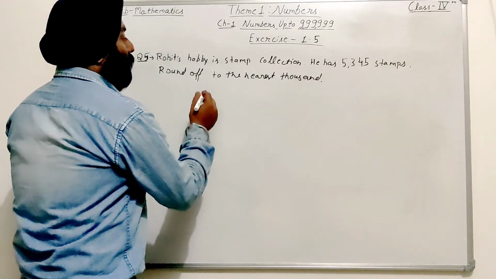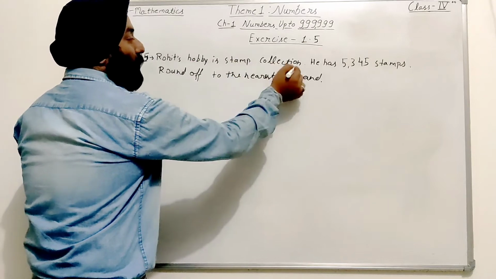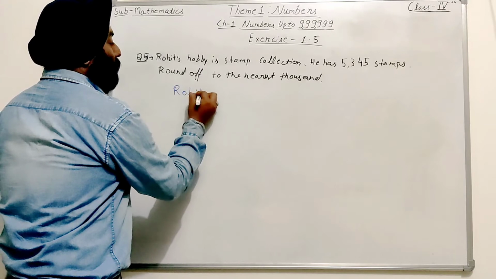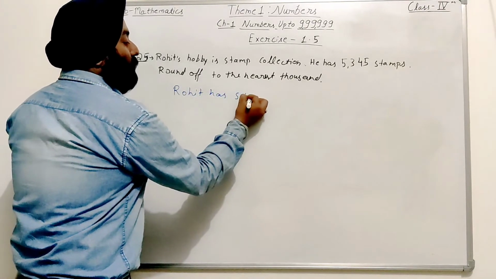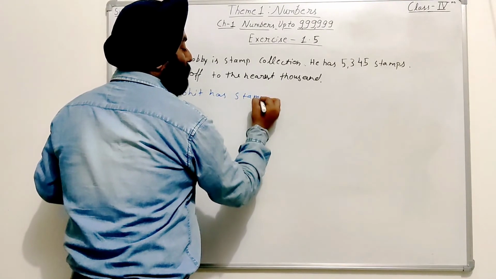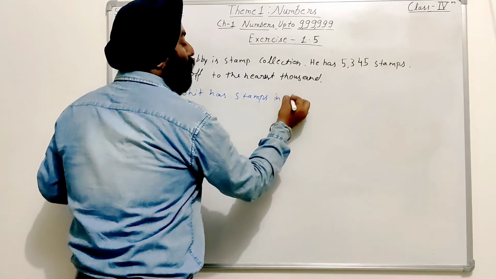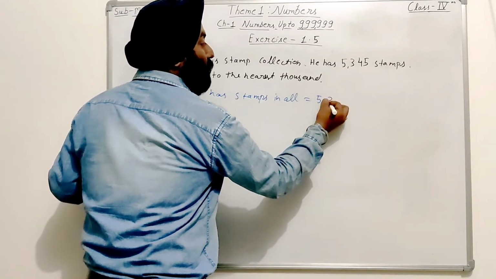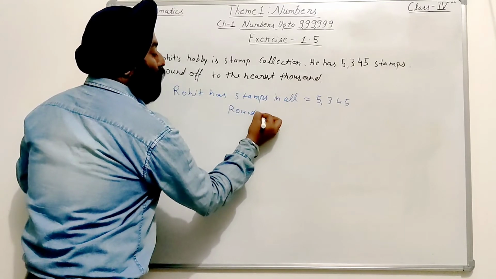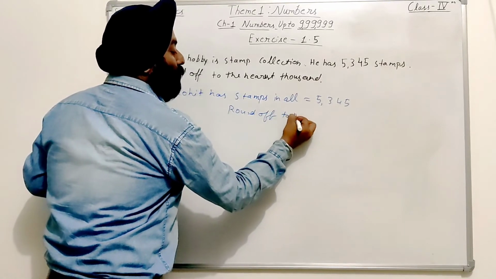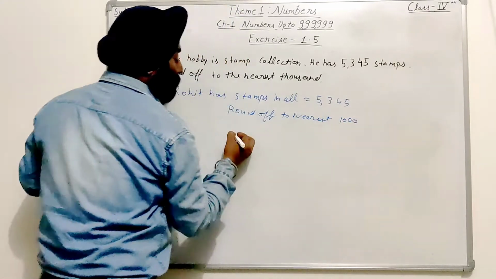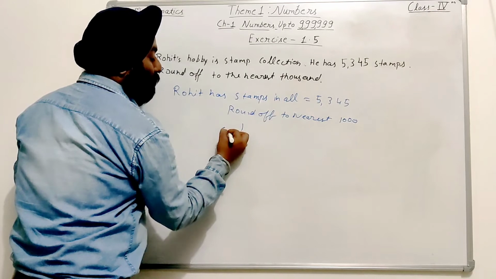So Rohit has stamps in all equal to 5,345. Again, round off to the nearest 1000.